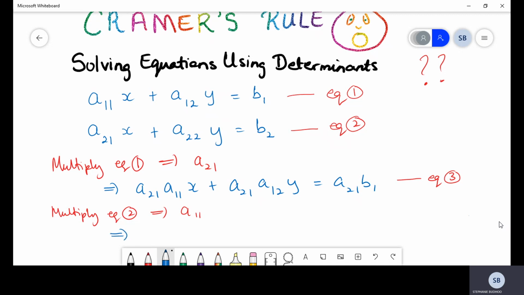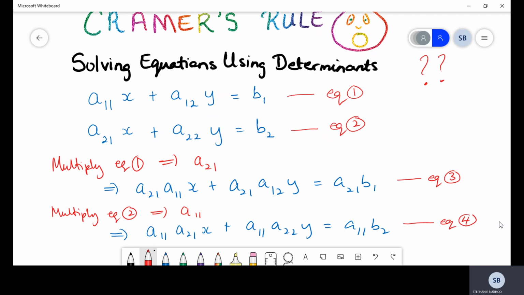So multiplying equation 2 by A11 will give us A11 A21 x plus A11 A22 y is equal to A11 B2. I don't think I see any errors there, guys. So we're good to go.